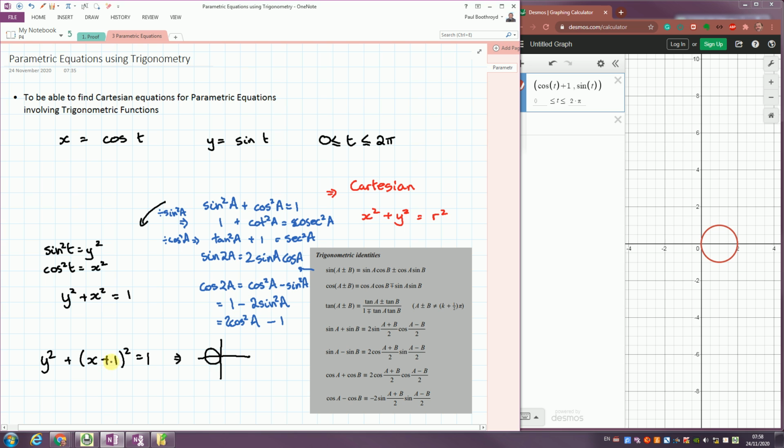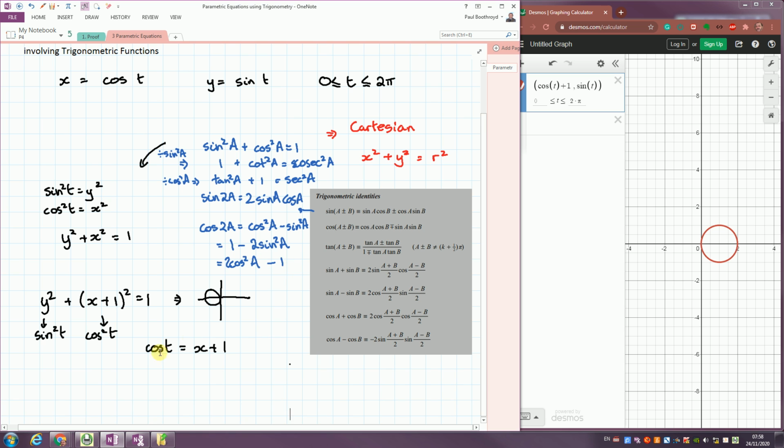So if I now put this back into my Cartesian form, this is sine squared t, and all of that is cos squared t. I get cos t is equal to x plus 1. And hopefully you'll realise now that if I do the subtract to get this, what is happening to x, hopefully now you'll see why this moves it backwards.